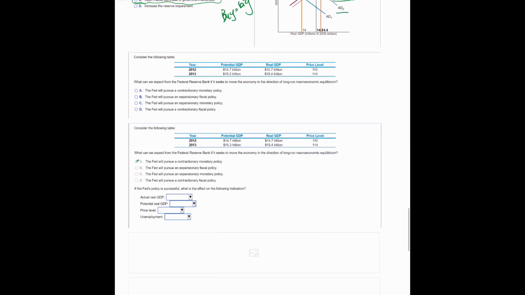We know that it's going to be expansionary. We just saw that. What kind of expansionary policy would we find below in this list? All these others would be contractionary except for right here, the open market purchase. So buy big. Remember that little mnemonic.